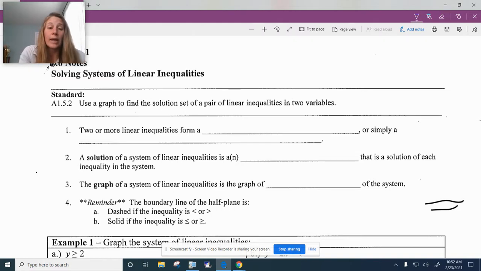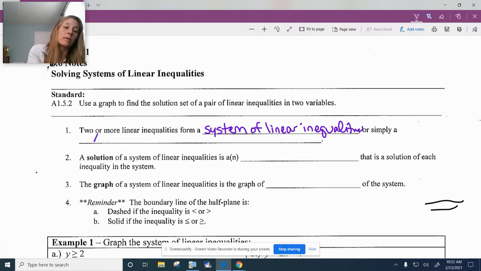our goal for today. Two or more linear inequalities form a system of linear inequalities, or simply a linear inequality system.